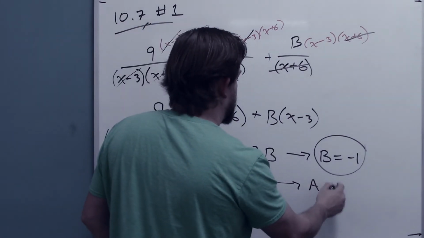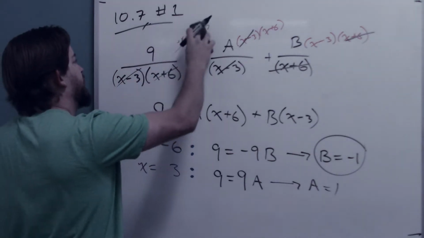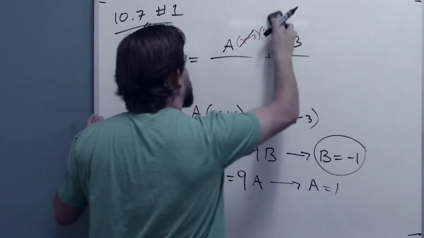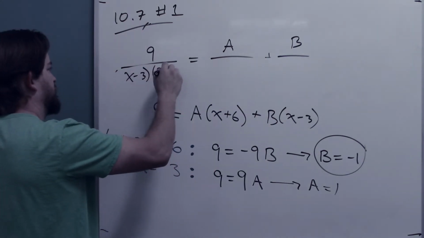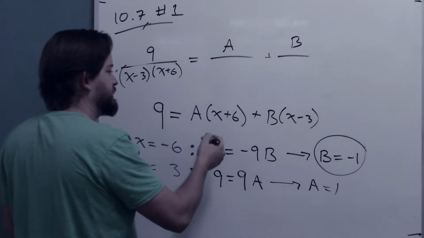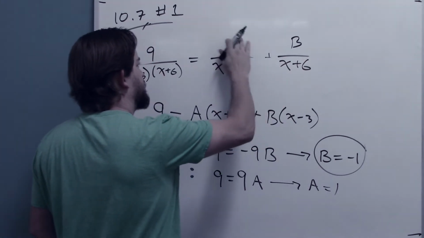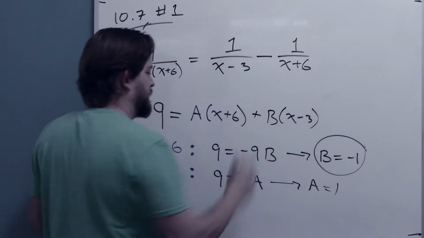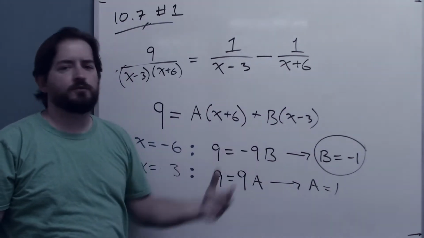And I have it. So in the end, if A is 1 and B is negative 1, what I'm really saying is that the fraction 9 over (x minus 3)(x plus 6) can be decomposed into the difference, because B was negative, of these two fractions.